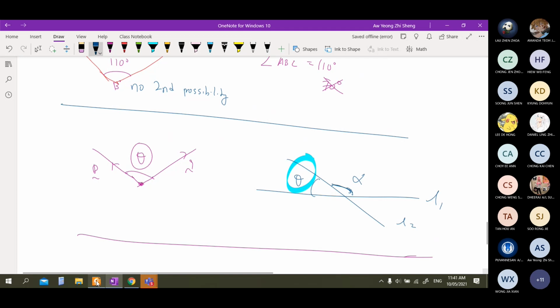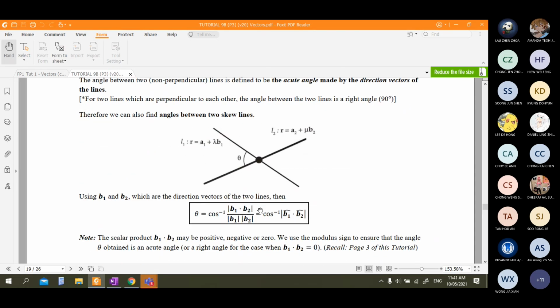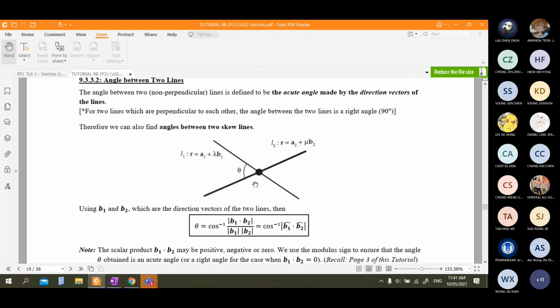Right. So the formula for angle between two lines is applicable. The same formula is applicable for intersecting lines and also for skew lines.